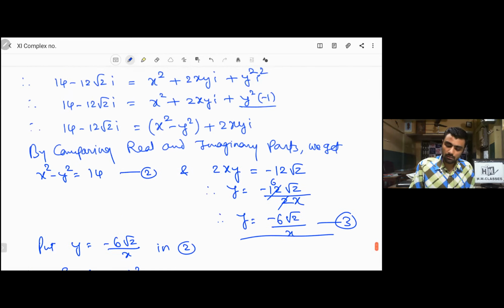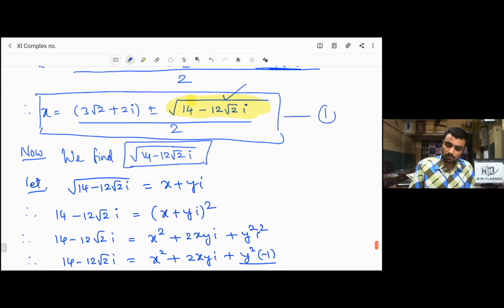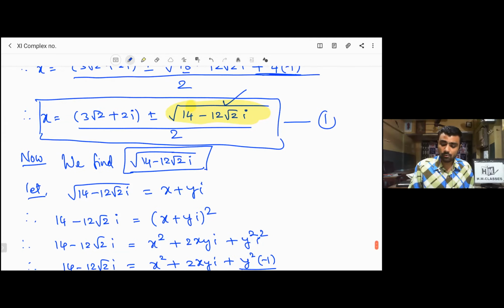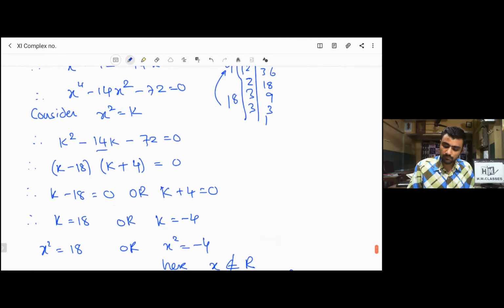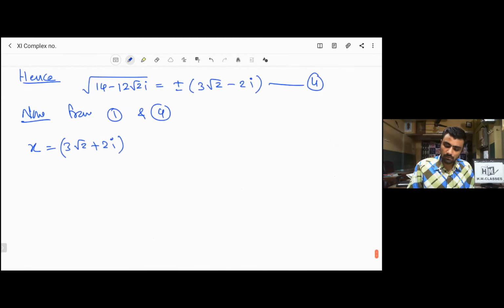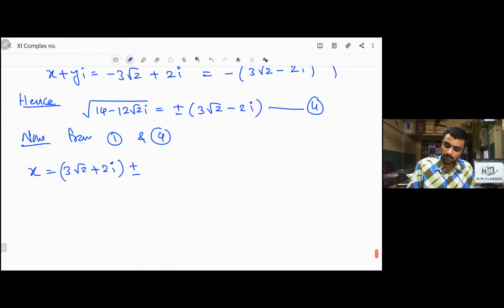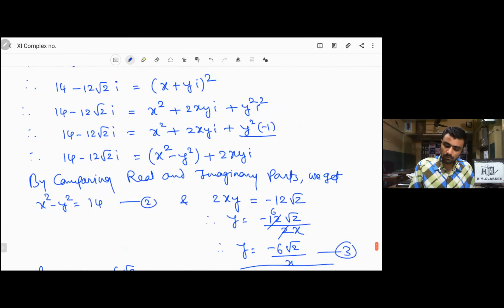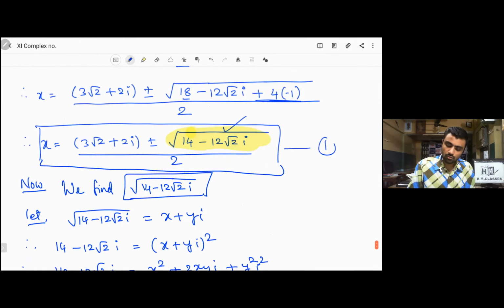Okay, 3 root 2 plus 2i, plus and minus, the square root that came is in plus and minus. What is the whole square root that came? So plus or minus 3 root 2 minus 2i, whole upon 2, whole upon 2.